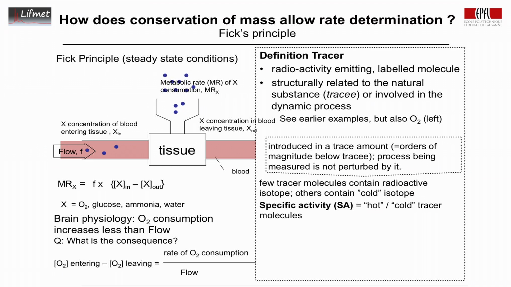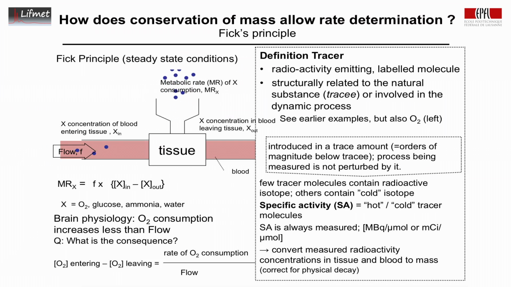Since the cold tracer molecules are predominantly dominating, this gives us a percentage of the molecules that are emitting radioactivity. This specific activity is always measured. It's typically measured in megabecquerel per micromole or millicurie per micromole. So it's given in a per concentration unit, and we have to know it.